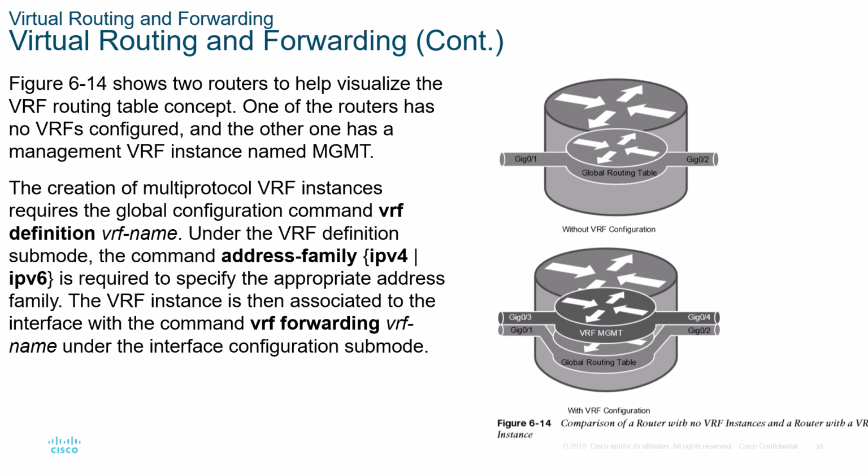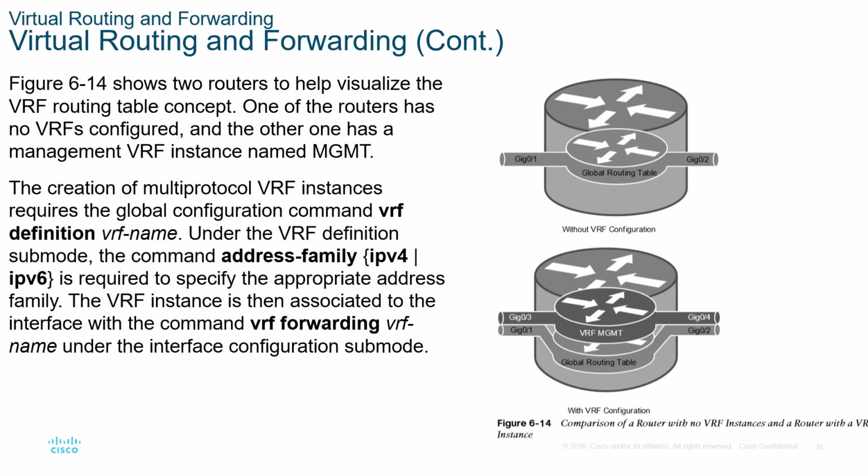But underneath each VRF name, you can define submodes, and those commands would be address-family ipv4 or ipv6, based on your requirements, and it is required to specify the appropriate address family. The VRF instances are associated with the interface using vrf forwarding underneath the interface configuration submode.